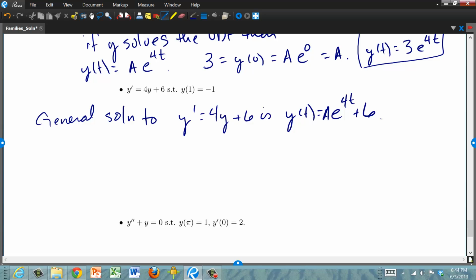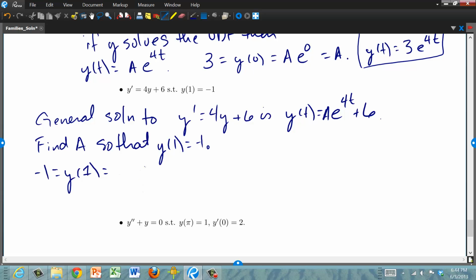Well, again, all you want to do is find a so that y at 1 equals -1. So what you want to do is this. You want -1 to be y at 1, and that is a times e to the 4, right? I plug in time 1, plus 6, so that means that a is negative 7 times e to the -4, like that.